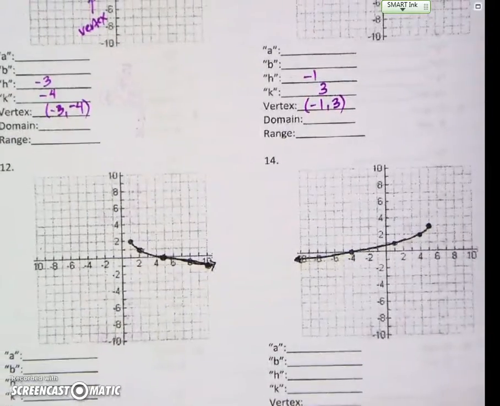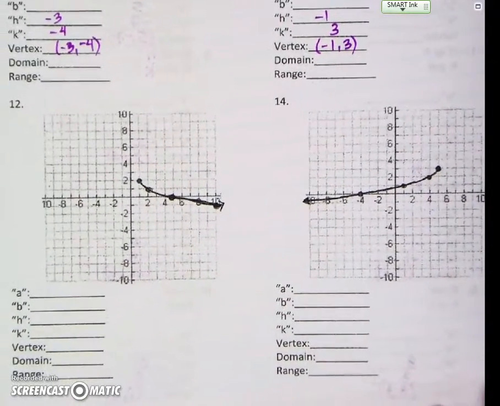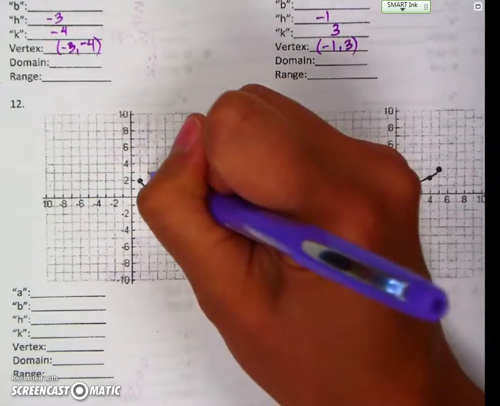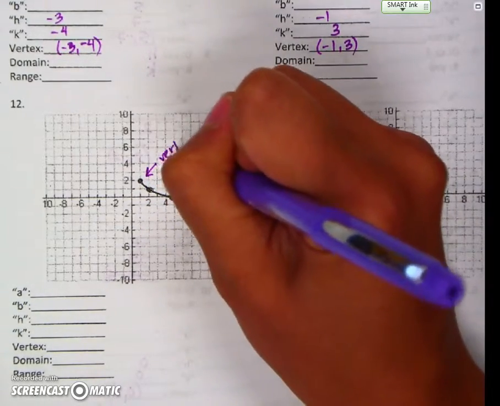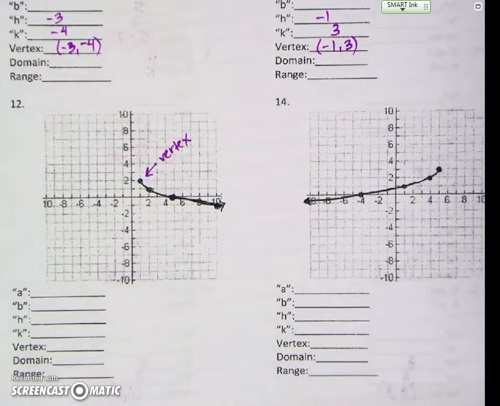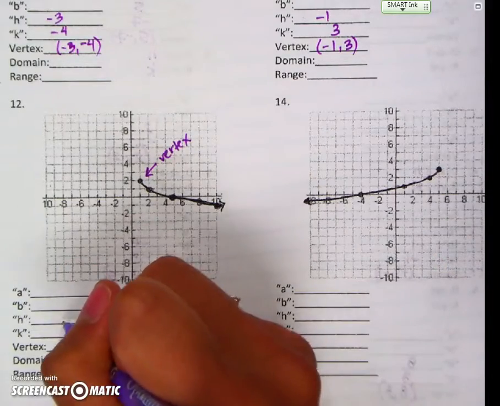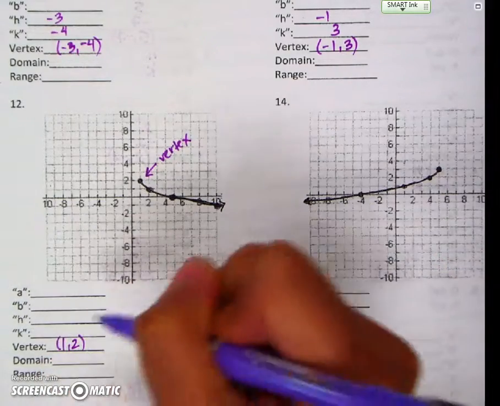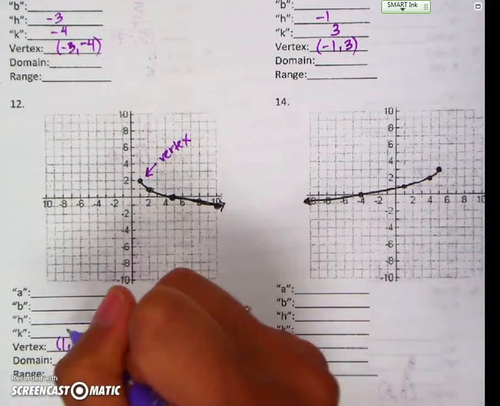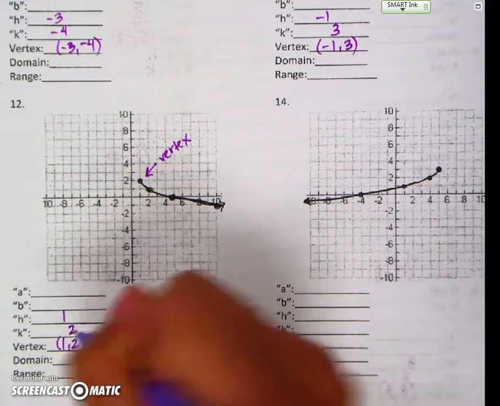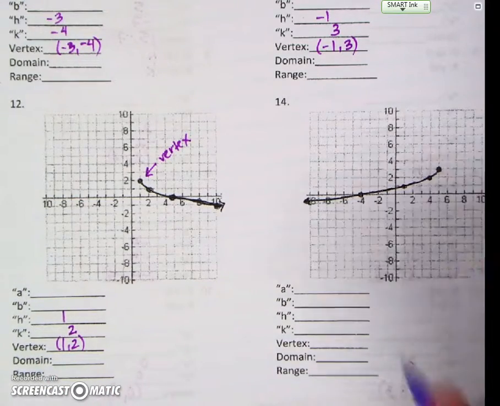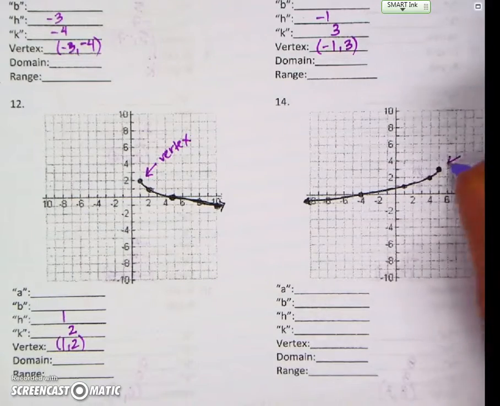And then finally, number 12 and 14. Would you guys consider this vertex to be a maximum or a minimum? Maximum, good. It's the highest point on the graph. So your vertex is (1, 2). You know that your X coordinate determines H and your Y coordinate determines K. How about this vertex?